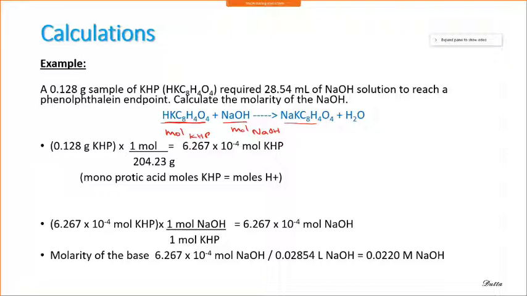Final minus initial gives you the volume to get the endpoint. You are going to use about 1.00 gram of KHP, which will be given. So I have to know how many moles of KHP I had. Grams divided by grams in 1 mole gives you the moles of KHP. From the equation, the moles of KHP equal the moles of NaOH because they react 1-to-1.